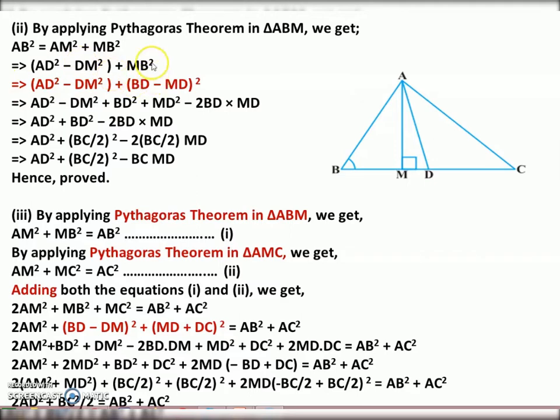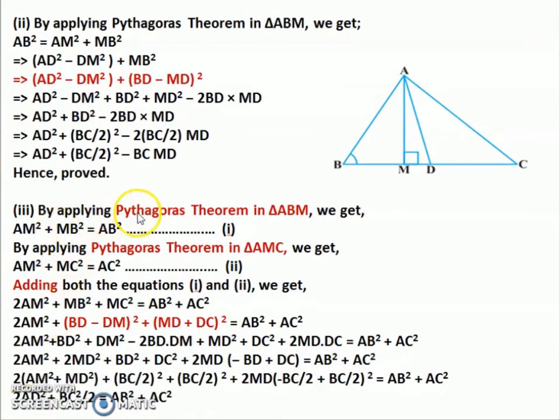Now this MB is further replaced with BD minus MD the whole square. Then the identity is applied here. After applying the identity and simplifying, in the last step you will replace BD with BC by 2 again to get what is required, because what is required is in BC by 2 form. So you have to replace it.